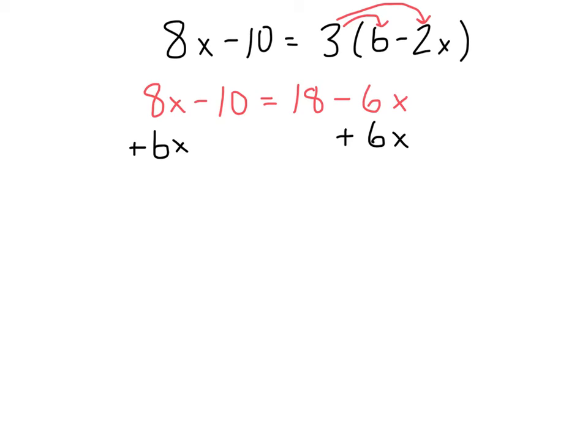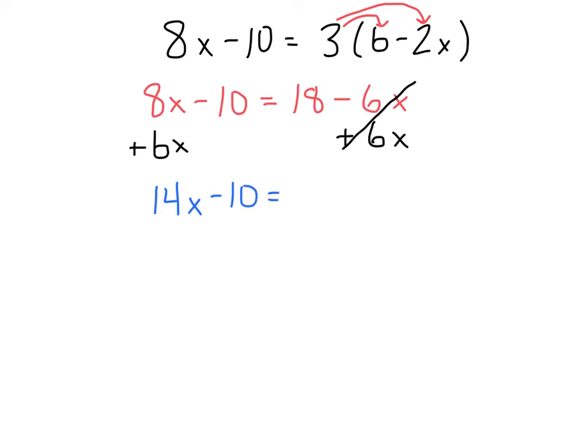So on the right side, the minus 6x and the positive 6x, those cancel out. And all that we have on the left side of the equation is 8x plus 6x. If you have 8 x's and you're adding 6 more x's onto it, you're going to have 14 x's. And bring everything else down, which is minus 10.